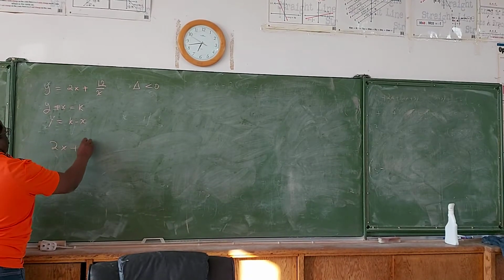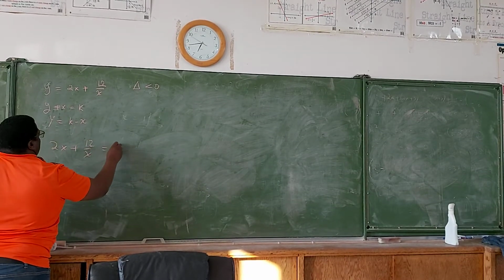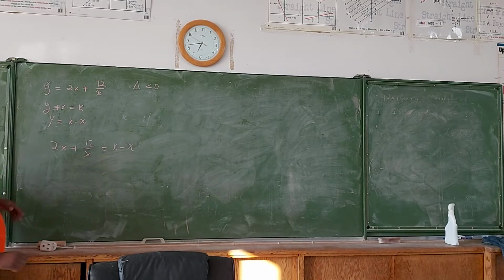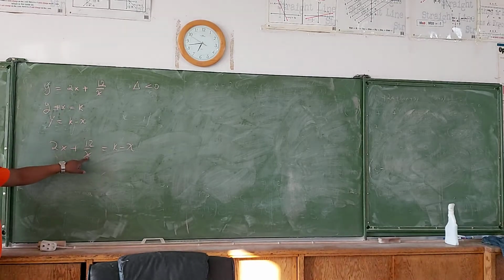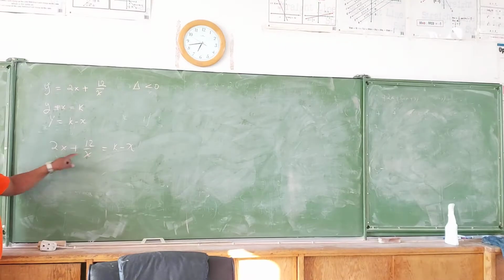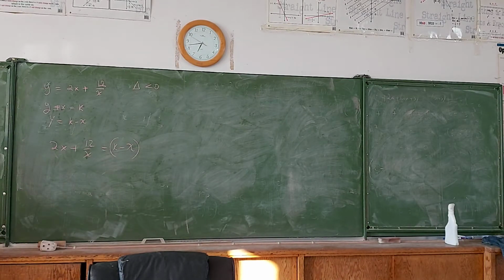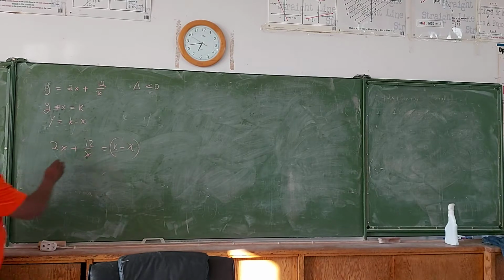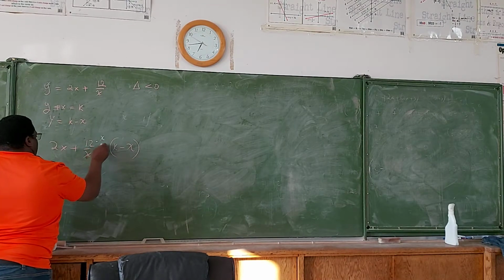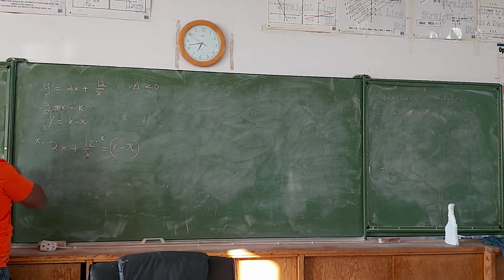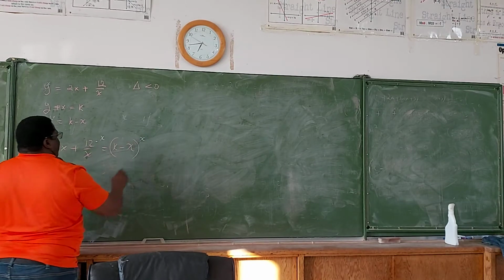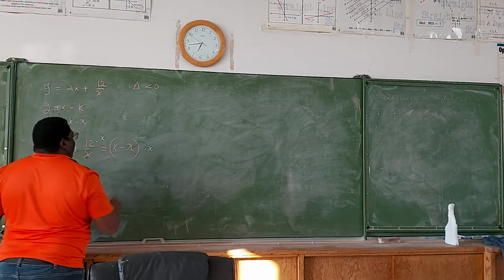So 2x plus 12 upon x is equal to k minus x. Now remember that k is a constant. We have a problem here with this x that we don't particularly like. So I'm going to put that part in brackets, because I'm going to multiply everything by x for these to cancel. I'm going to multiply here by x, and I'm also going to multiply here by x.